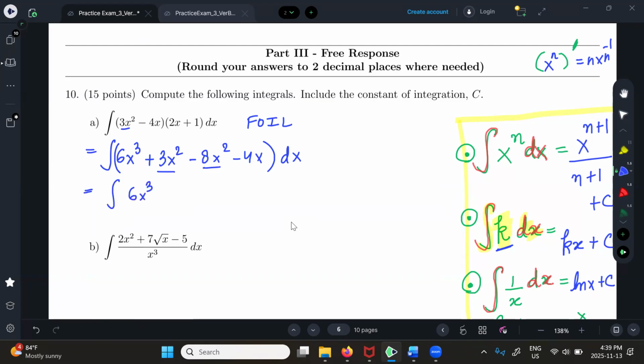6x cubed minus 5x squared minus... Solve it with me, okay? Try to solve it with me. And now, question. I cannot simplify it any further, right? So now I apply the rules. You know the rule, if I have x to the power n, I add 1 and divide by it, right?